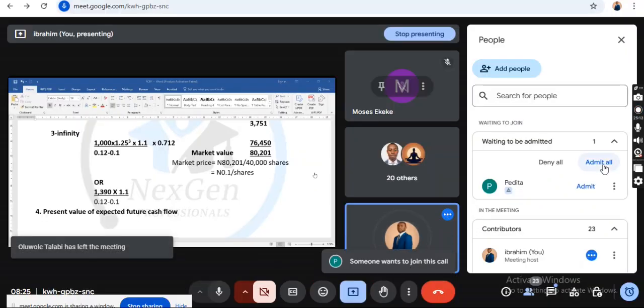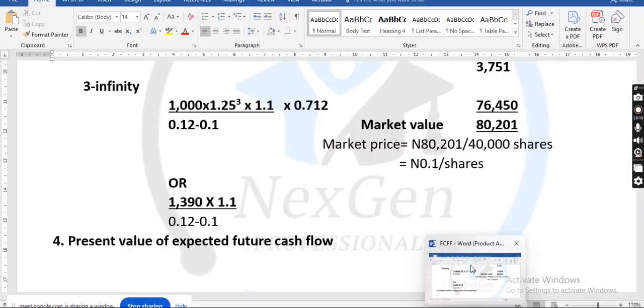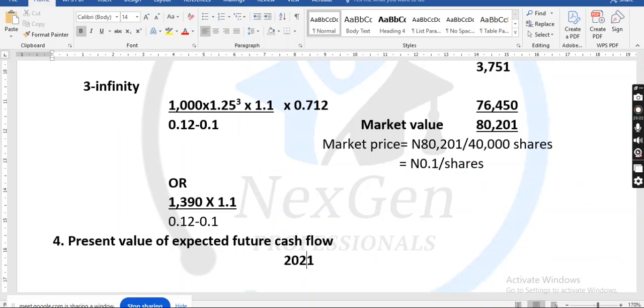Now, we can bring it this way and say this is 2021, 2022, 2023. Please, presentation matters a lot. So we can have this here.